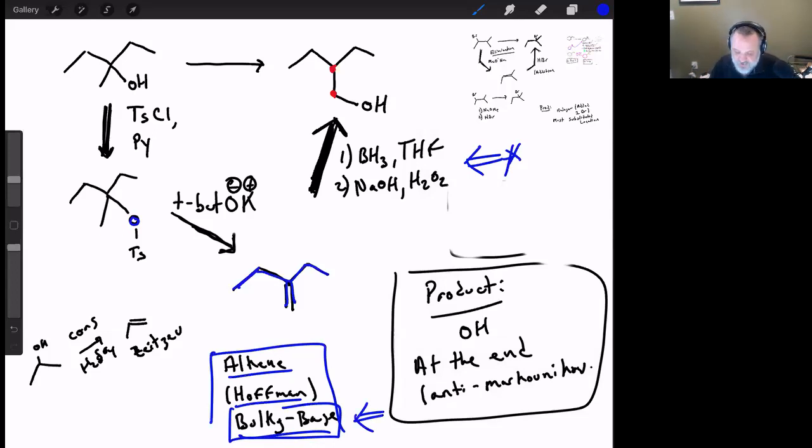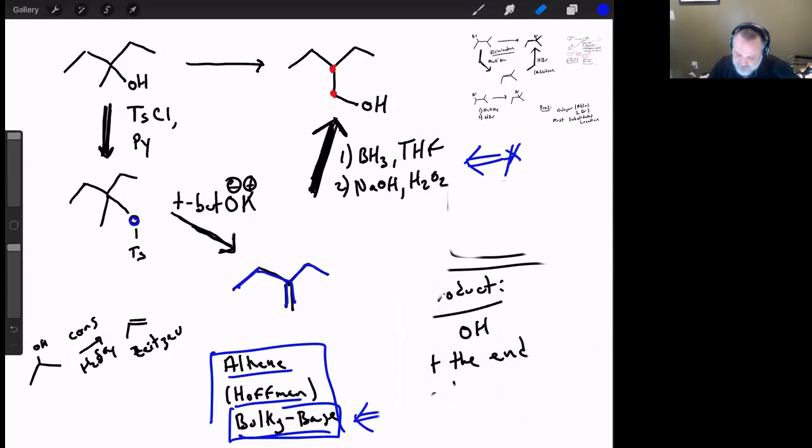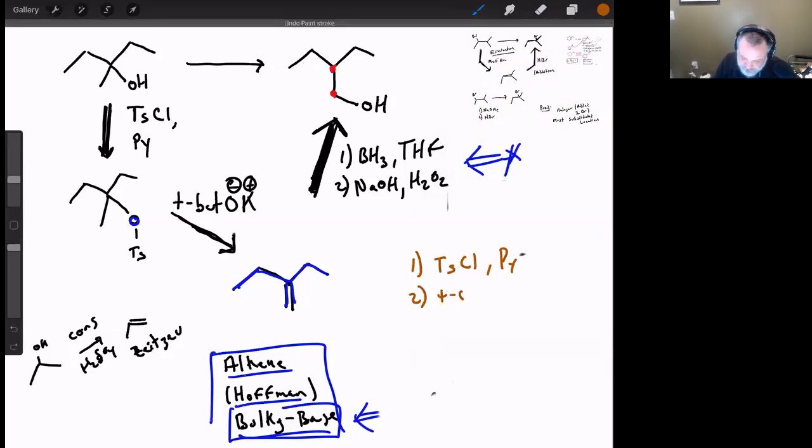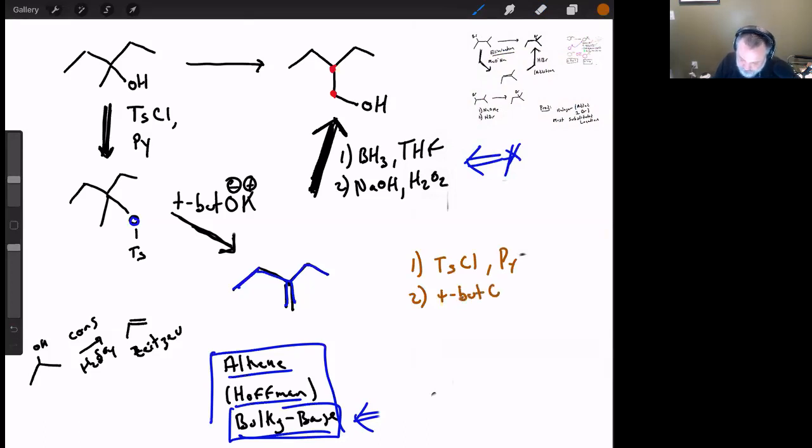And so at the end of the day, the answer to this particular synthesis problem would be step 1, TsCl and pyridine. Step 2, tertiary butoxide. Step 3, BH3 THF.